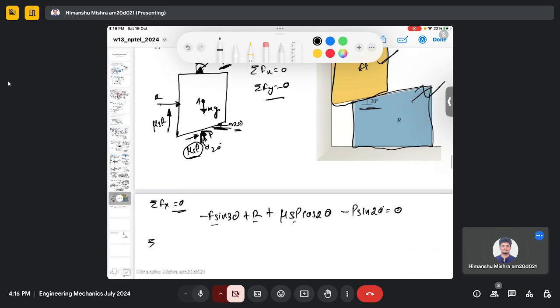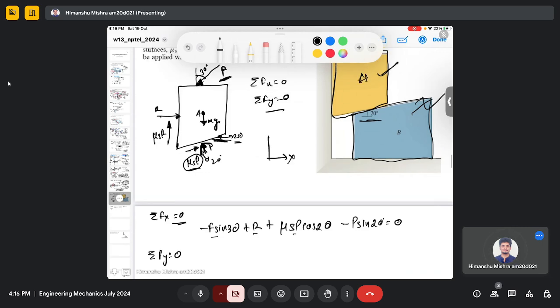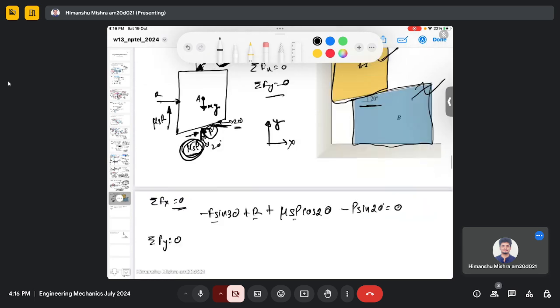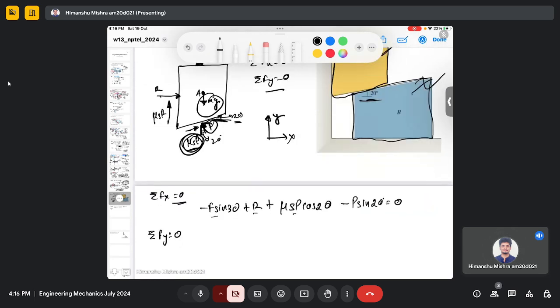So we can write down another equation when we do the force balance analysis in the y direction. So this is my x, this is my y. So in y we have a component of this force F, component of this force mu s P, and component of this force P, and this weight mg.